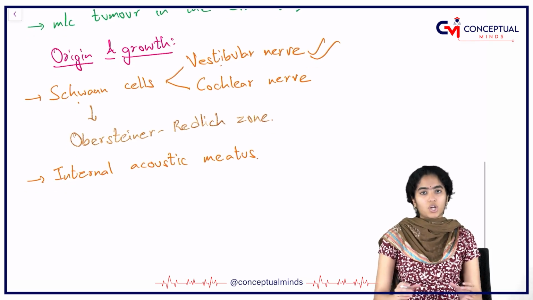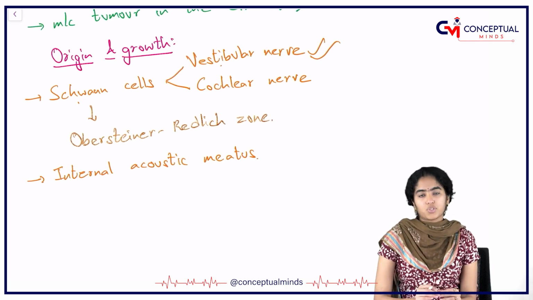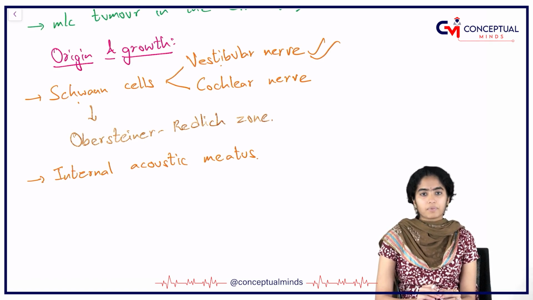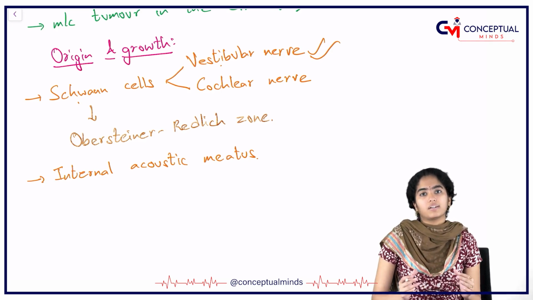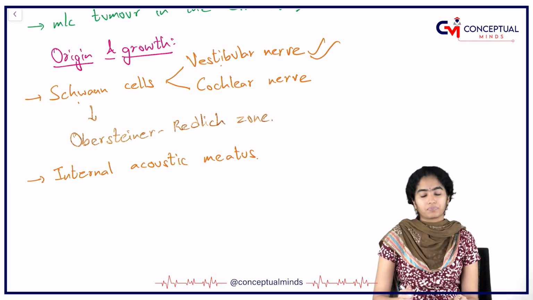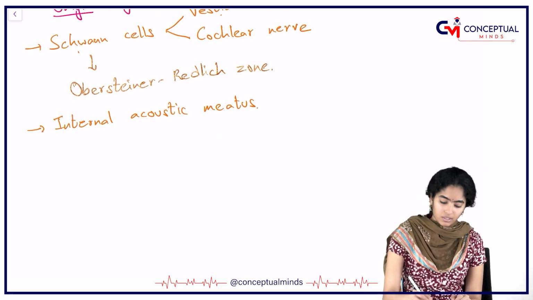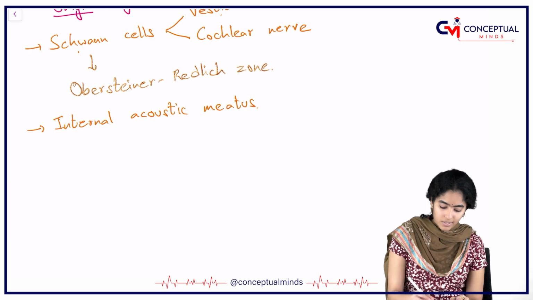Now the tumor has originated in the internal acoustic meatus from the Schwann cells. Then what happens to it? It expands, grows and erodes the internal acoustic meatus.